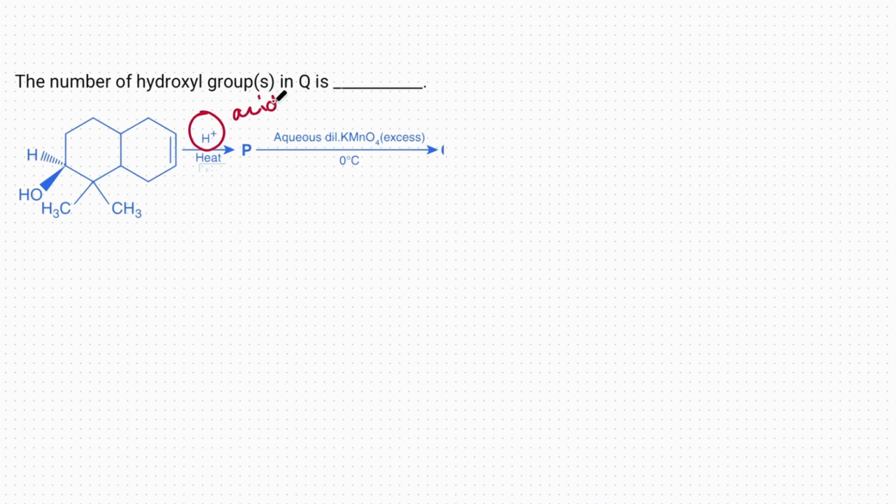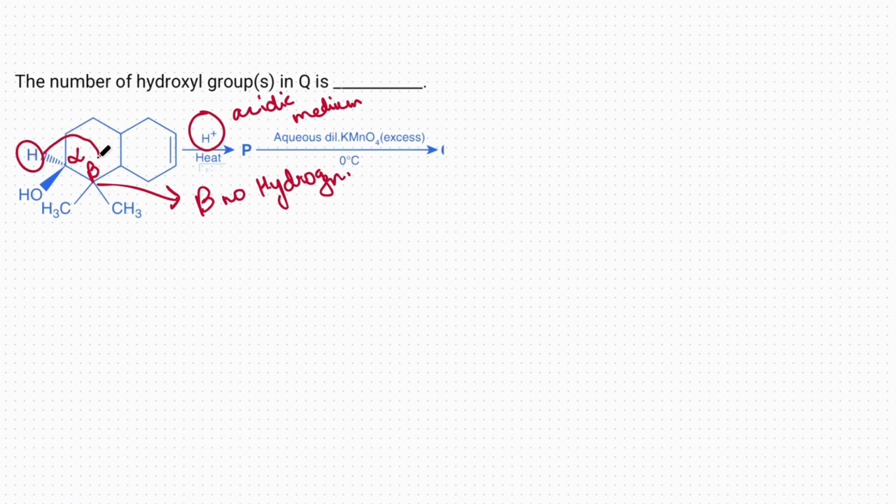Now we have another question. In this one, we have H plus, which means an acidic medium. We have in the structure one OH group. The carbon which is attached to the OH group is the alpha carbon. The next one will be the beta carbon. The beta carbon does not have any hydrogen. For alpha beta unsaturation, always remember that there is beta hydride elimination.